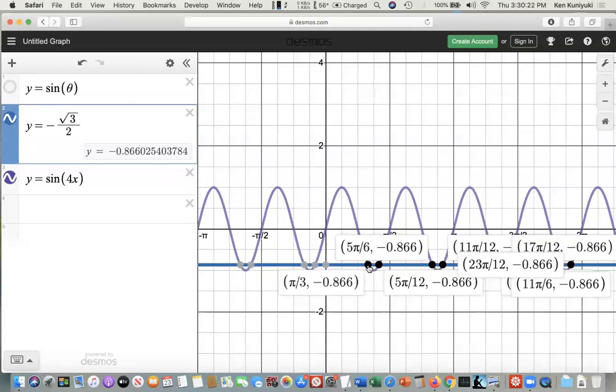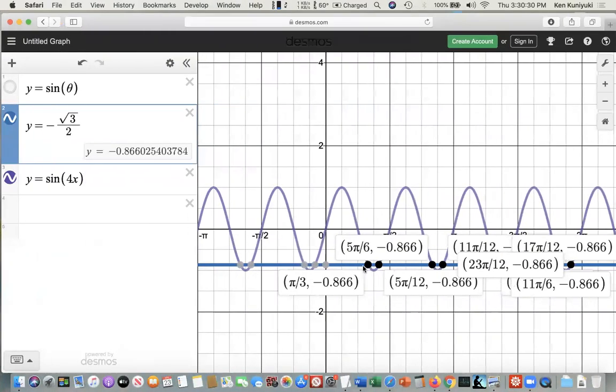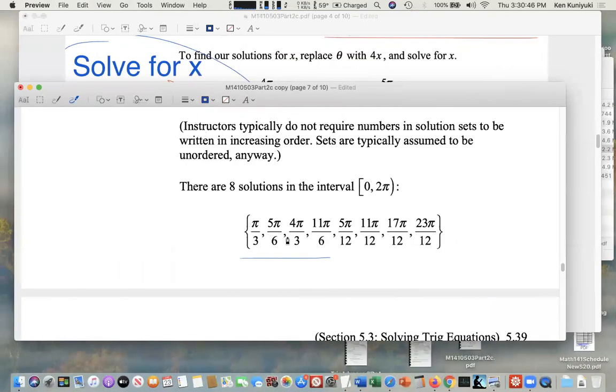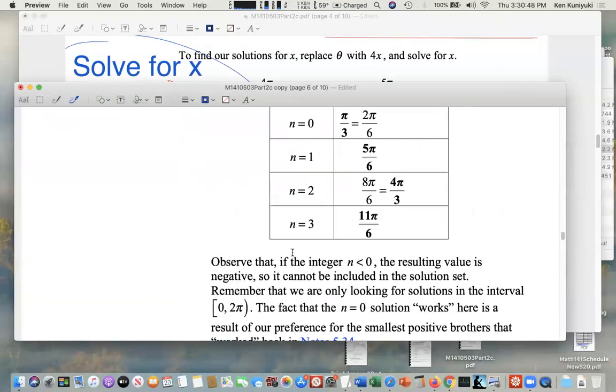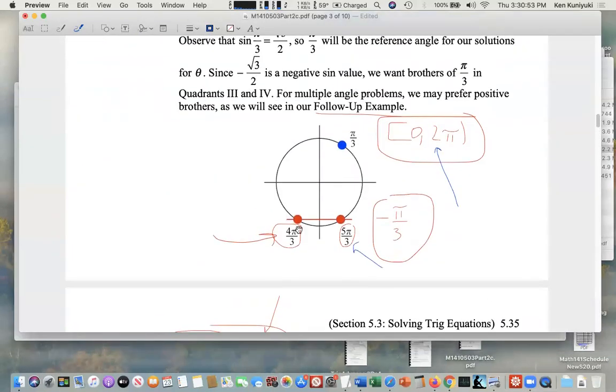So pi over 3, 5 pi over 6, 4 pi over 3, which is hidden here, and then 11 pi over 6. These were the guys on the downswing, and all 4 of these came from group 1. They ultimately came from this spider egg over here.